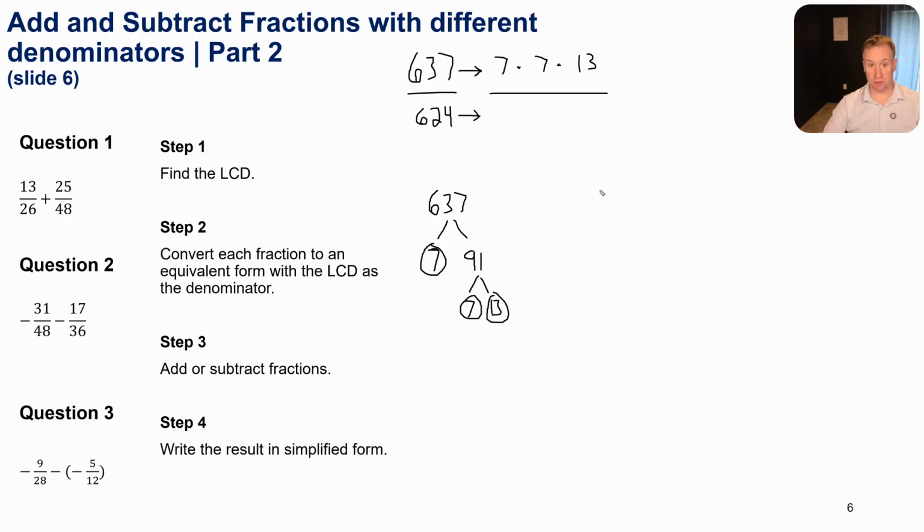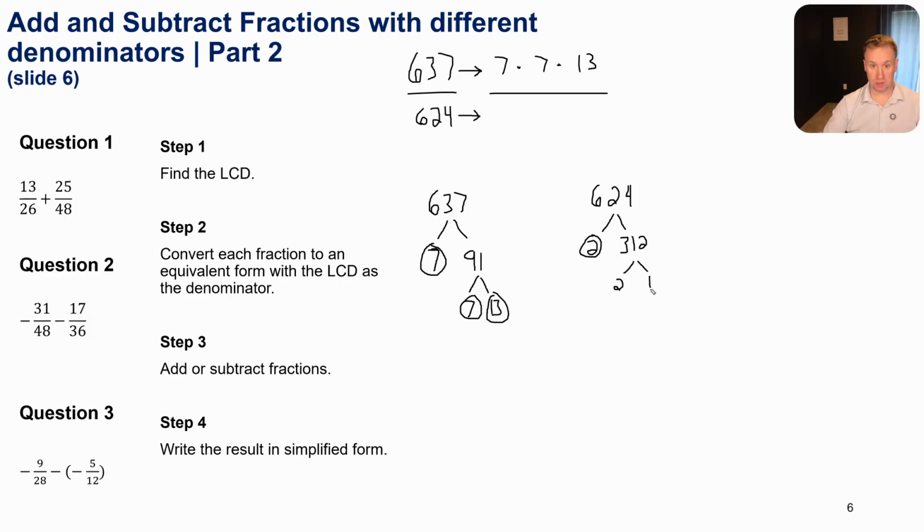So 624 then, this has a much larger factor tree. If I started with the smallest one, this would be 2 and 312. That's a fairly straightforward one because it's even. And then if I did an even one again, so I could keep factoring out those 2's.